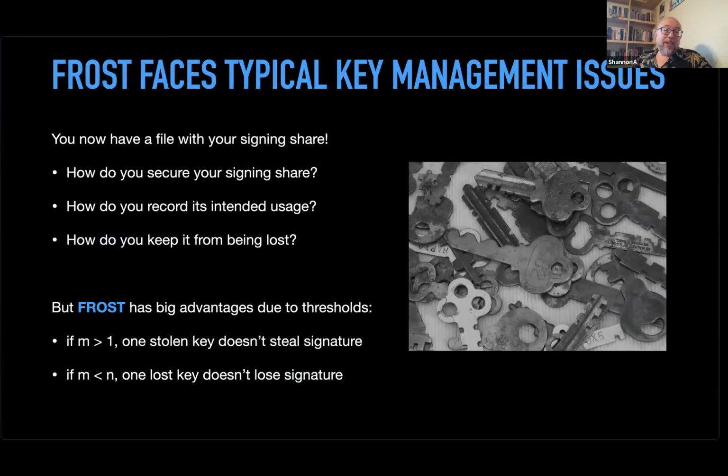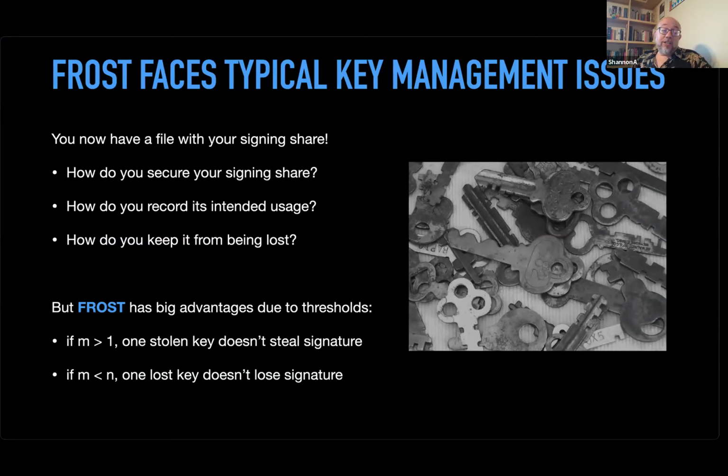I should stop and note here that though we can start to see solutions for the UI of Frost, we're still going to have all of the typical issues with key management that we've always faced and are still looking for great solutions in. You have to secure your share, you have to record its purpose, you have to make sure you don't lose it. If you're using a threshold signature, though, which Frost allows, you're also going to get advantages.